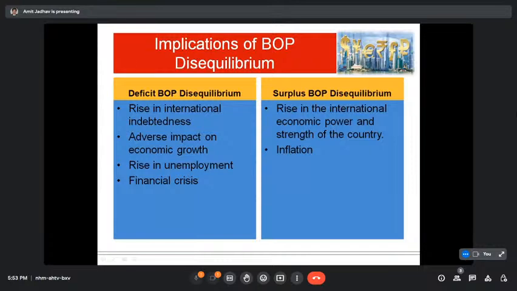And a financial crisis will be there. We will be facing a financial crisis if we have such a problem continuously for a long time, that is BOP deficit, and each and every time we have to depend on other countries for getting money. At that time our country or our people can face a financial crisis. We have already faced such a crisis in 1991. That crisis is also known as the BOP crisis.